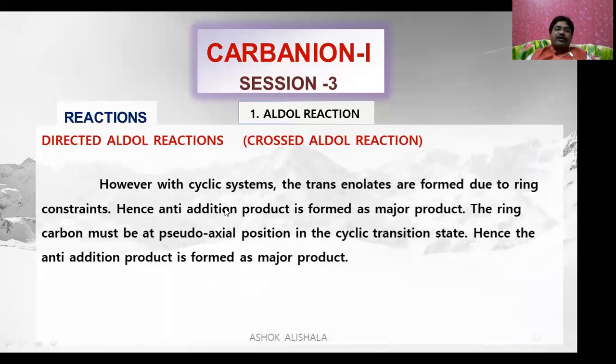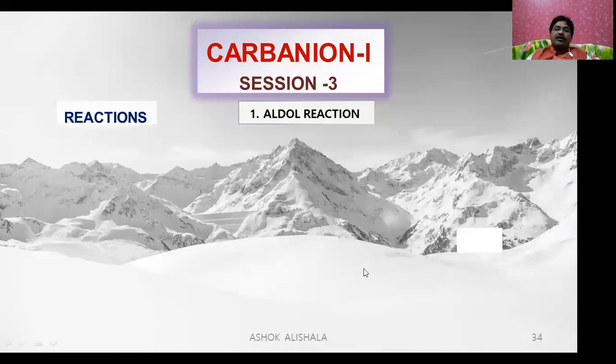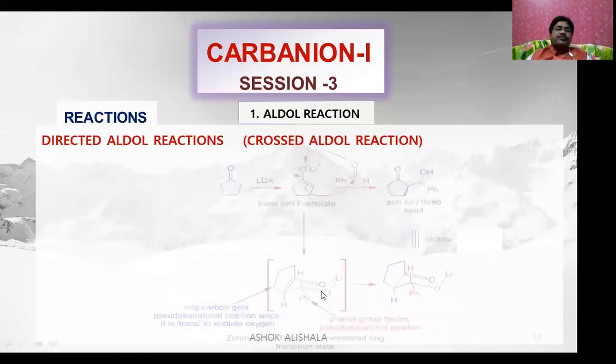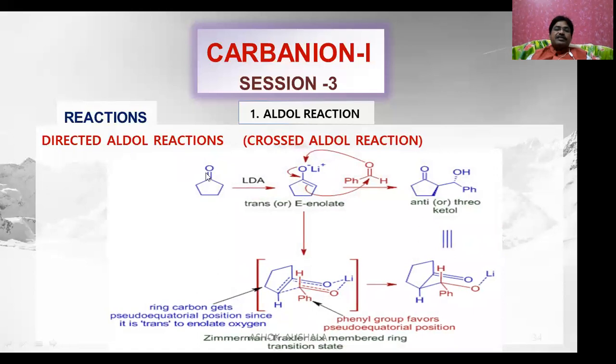However, with a cyclic system, trans enolates are formed due to ring constraints. Hence the anti addition product is formed as the major product. The ring carbon must be at the pseudo-axial position in the cyclic transition state. See what happens in this case.